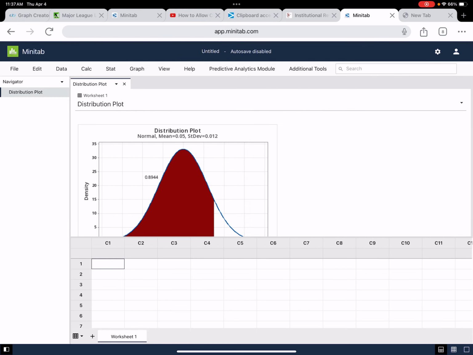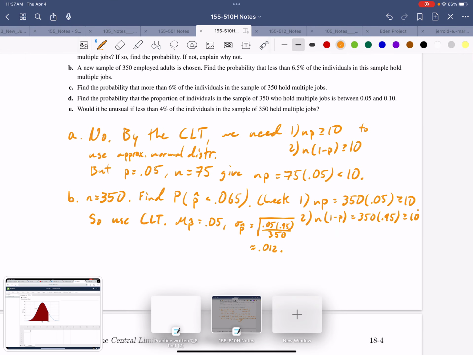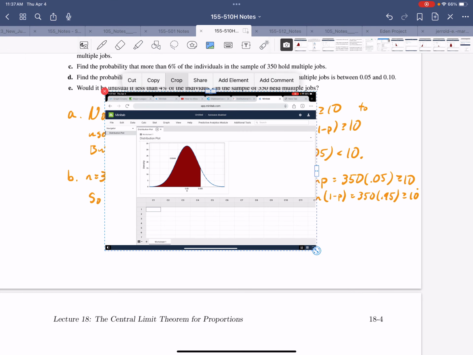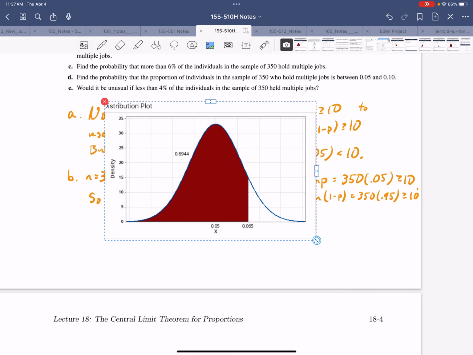And we're not going to auto-save this. Crop that super quickly. And we have our answer.